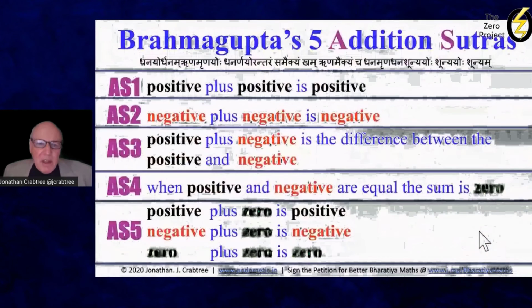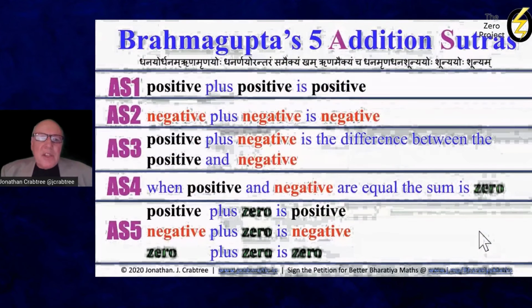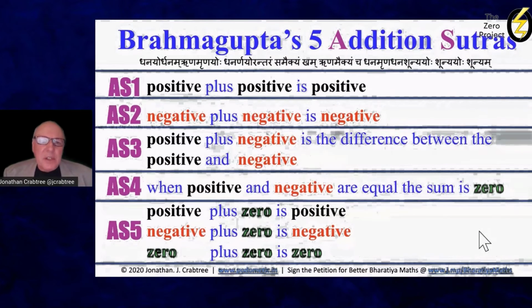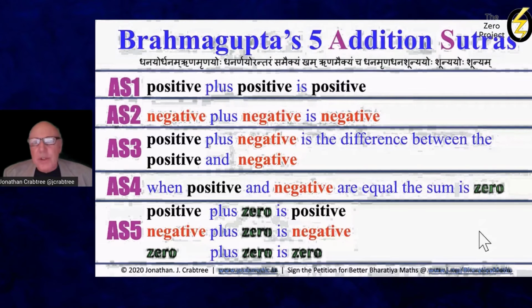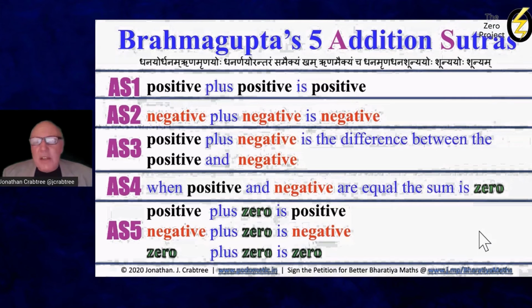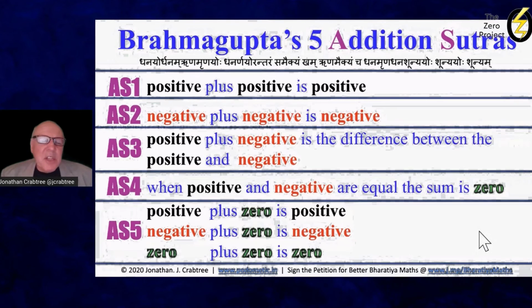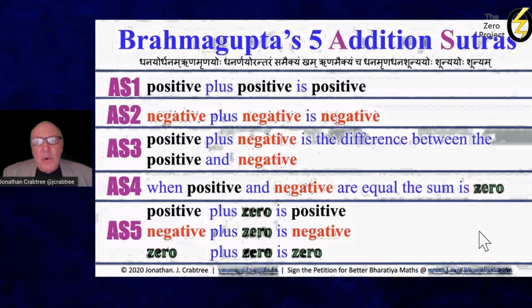What I've done is I've gone into the Sanskrit of Brahmagupta's verses that describe his sutras or his laws of integer arithmetic. What I've done, just for the sake of visual convenience, is the black words are positive, the red words are negative, and you can see the references to 0, which are neither positive nor negative, in the green.